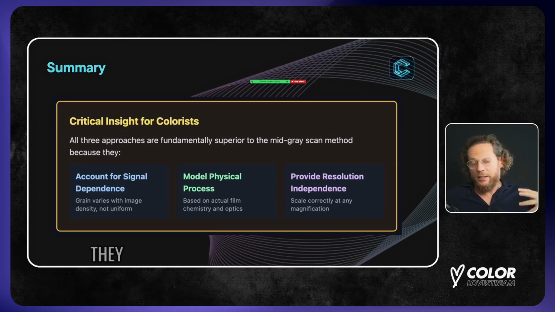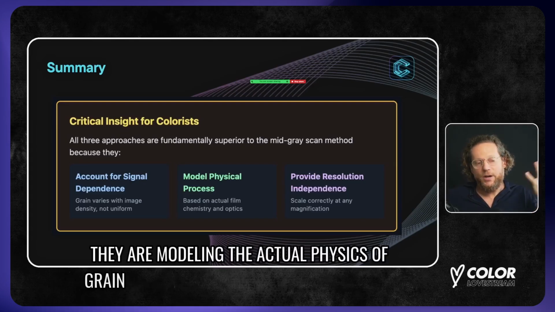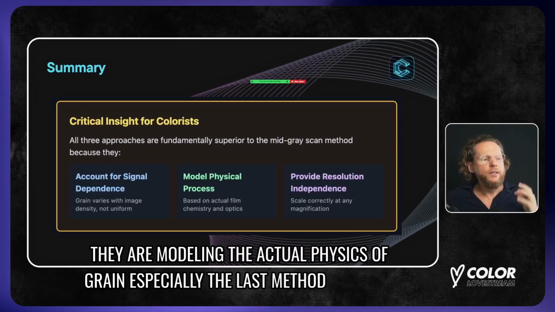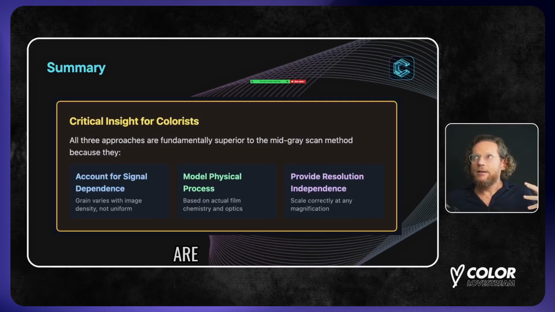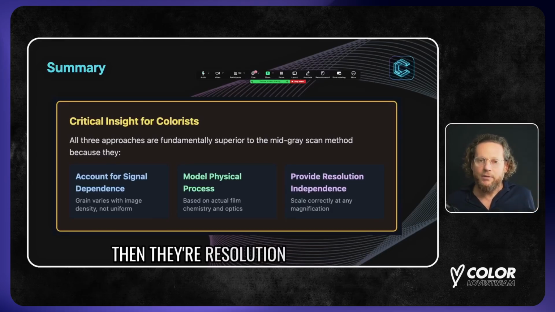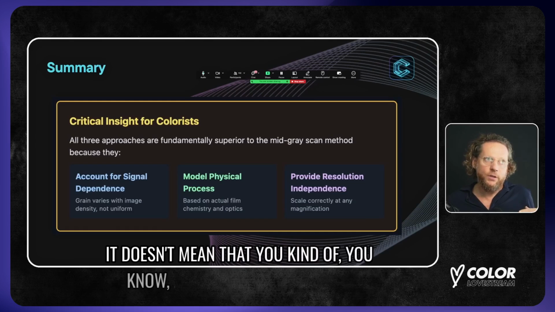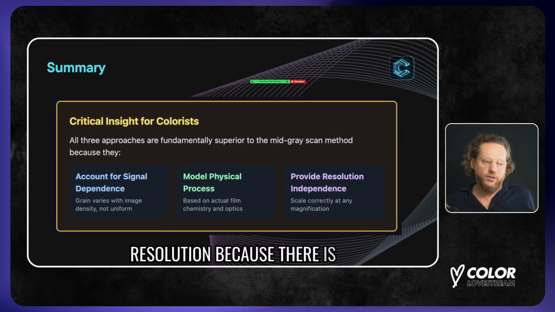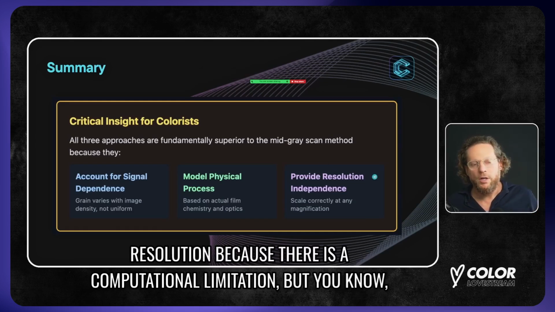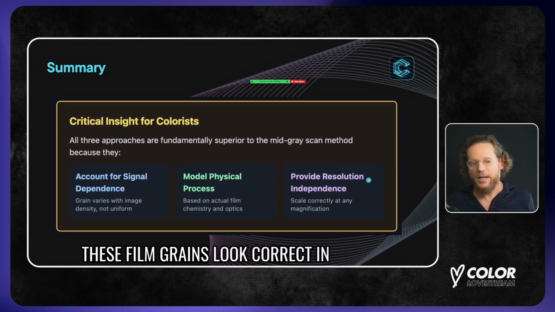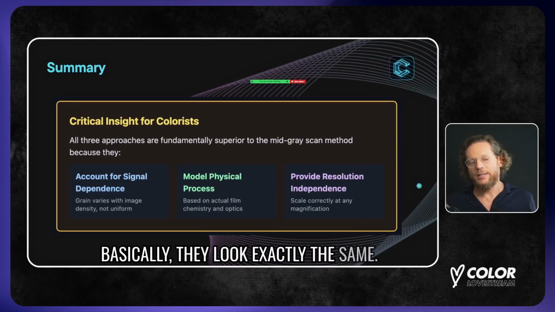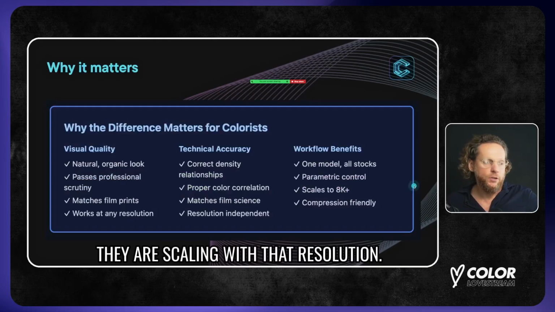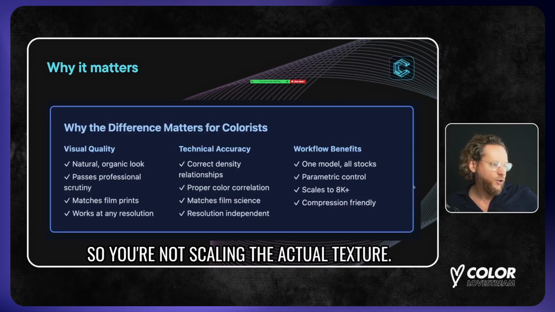They are modeling the actual physics of grain, especially the last method, and they're completely resolution dependent. It doesn't mean you can scale it to any resolution because there is a computational limitation, but these film grains look correct in HD or 2K or 4K. Basically, they look exactly the same. They scale with the resolution, so you're not scaling the actual texture.